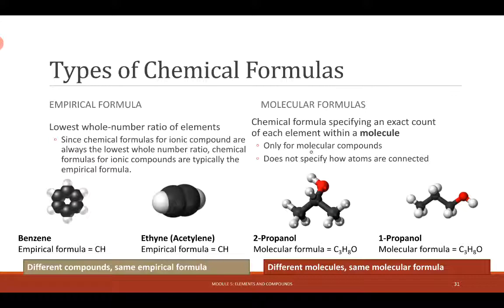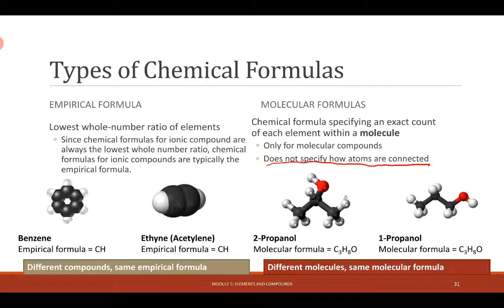And so molecular formulas are only for molecular compounds because they tell you exactly how many of each thing there are. But a molecular formula doesn't tell you how the atoms are connected together. And so there are many different substances, many different compounds that have the same molecular formula, but different structures.